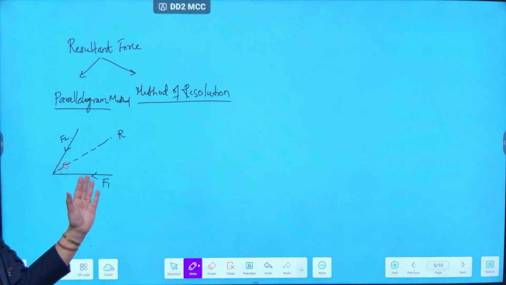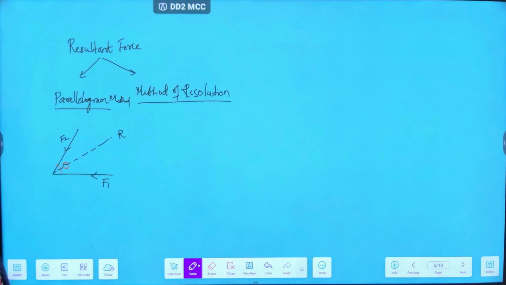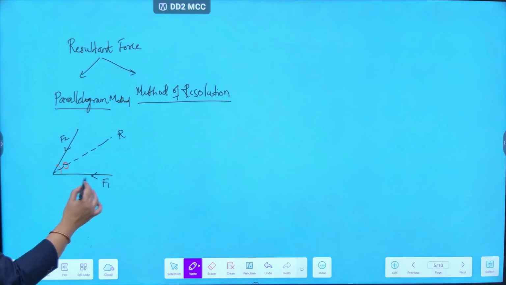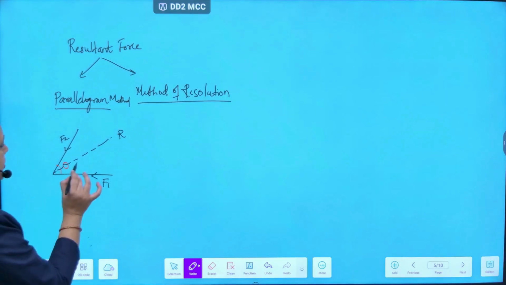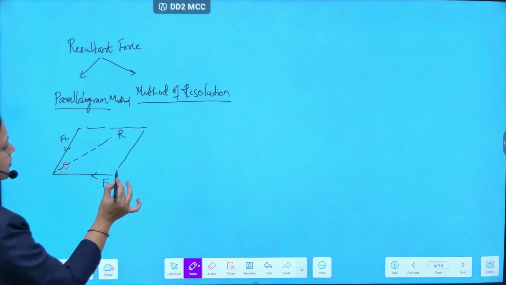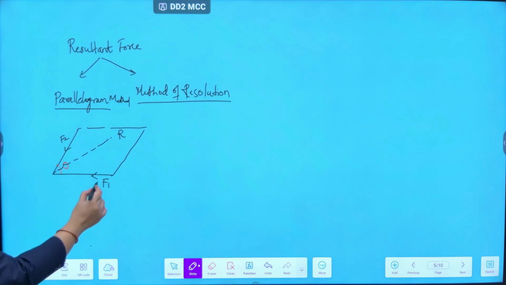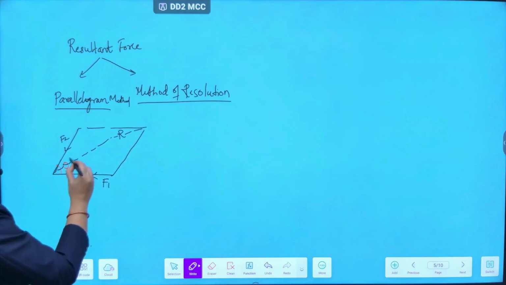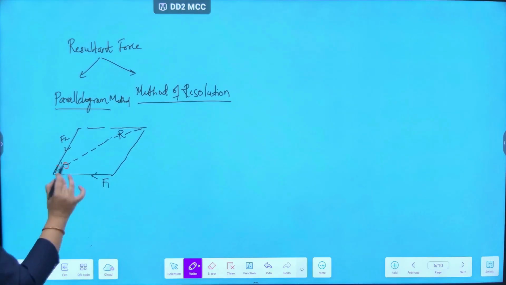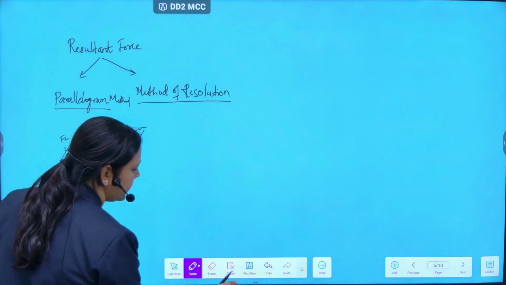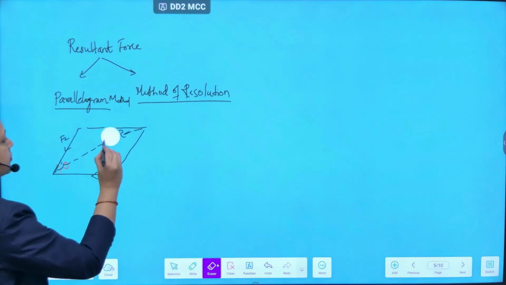Now the parallelogram theorem or the parallelogram method states that if we have forces acting in such a way that they form sides of a parallelogram, just imagine that this is a side of a parallelogram, then the resultant of these two forces, which are intersecting at some angle theta, is nothing but the diagonal of the parallelogram.